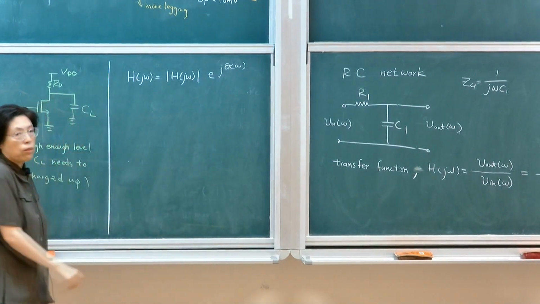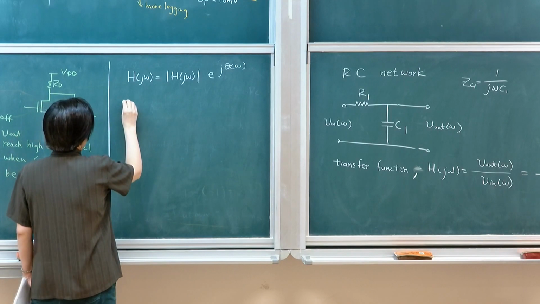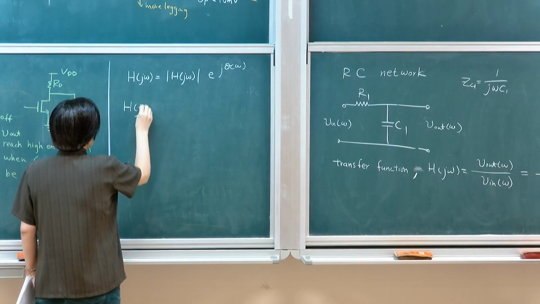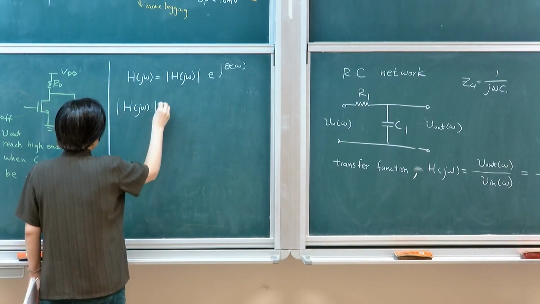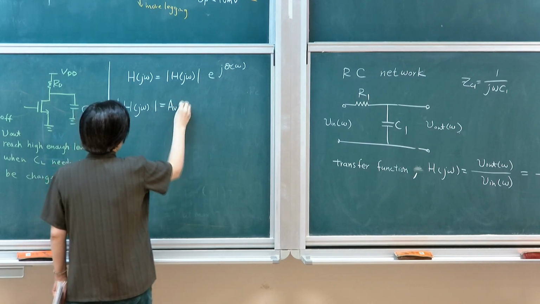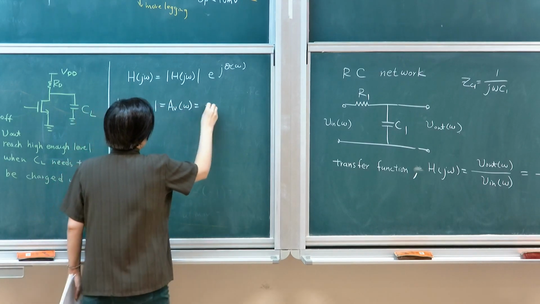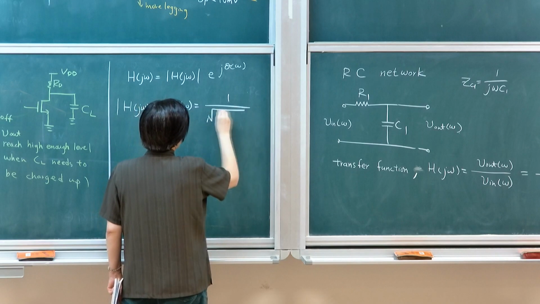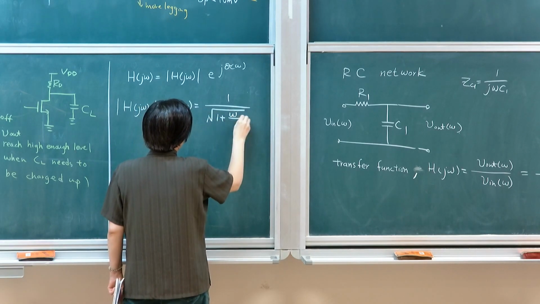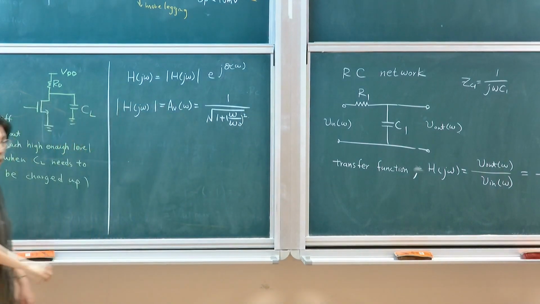Based on this particular RC network, we get the magnitude of this transfer function, which is the voltage gain, as 1 over the square root of 1 plus omega over omega 0 squared. Okay?